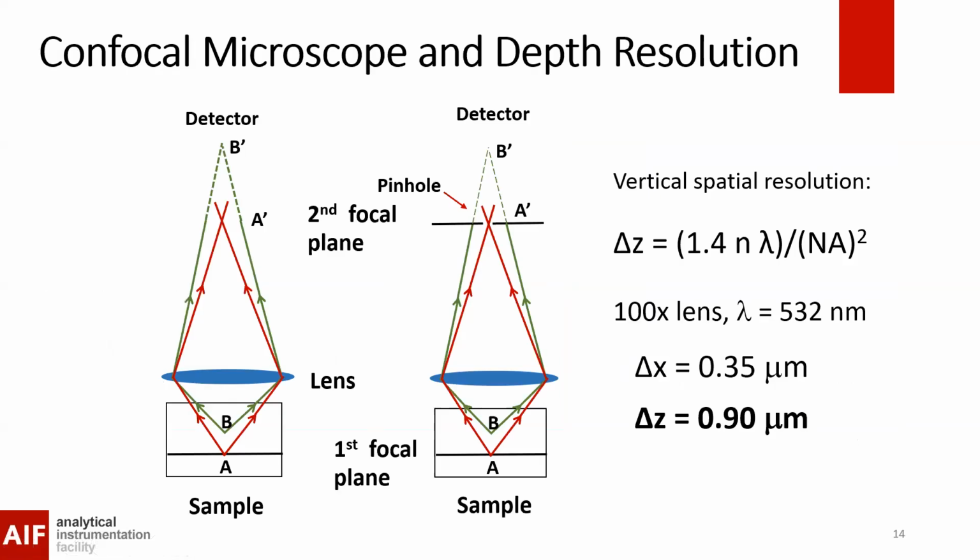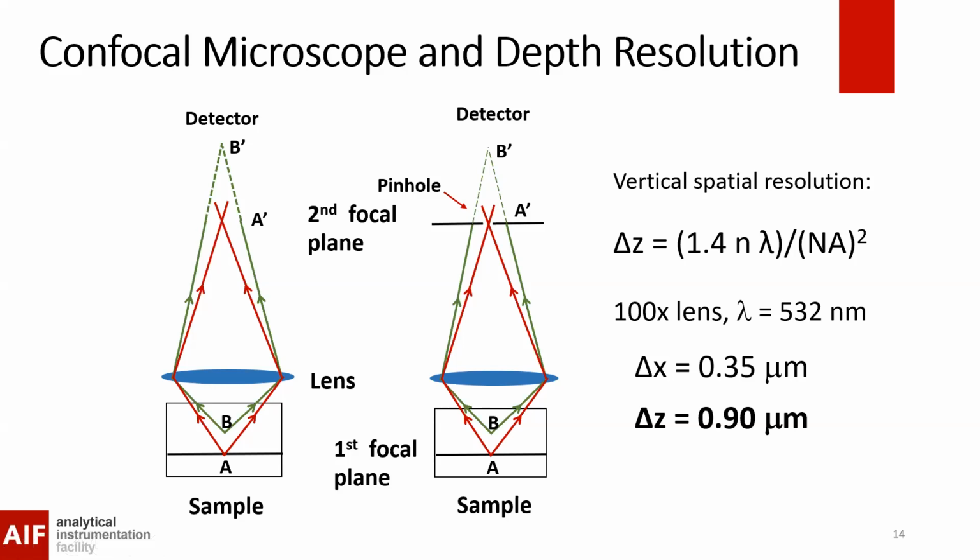With the confocal feature, one can also perform a Raman measurement with depth information. The confocal pinhole here will block the light that is not in the focal plane, which means the light coming from position B goes through the lens, but it will be blocked by the confocal pinhole, so it will not go through to the detector.